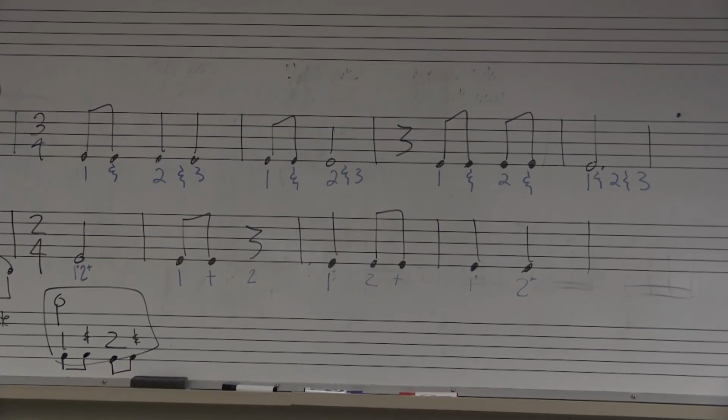So this much equals that. 4 eighth notes is the same timing length as 1 half note. Here's a half note. 1, 2, 1, 2, 1, 2. So quarters will be 1, 2, 1, 2, 1.